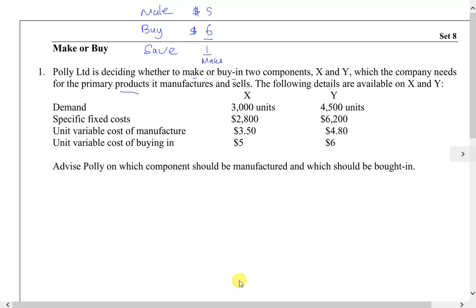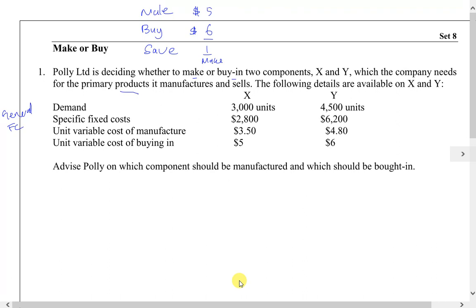Specific cost. Another term is general fixed cost. So general fixed cost, specific fixed cost, meaning this fixed cost is specifically related to production of X. If you produce, you incur. If you do not produce, you buy, you won't incur.